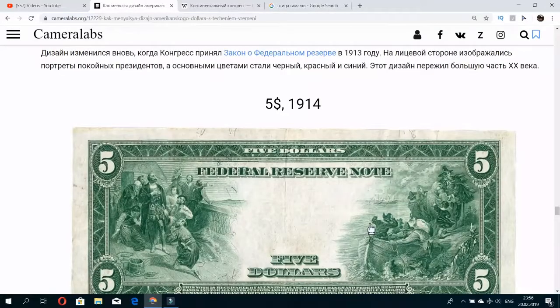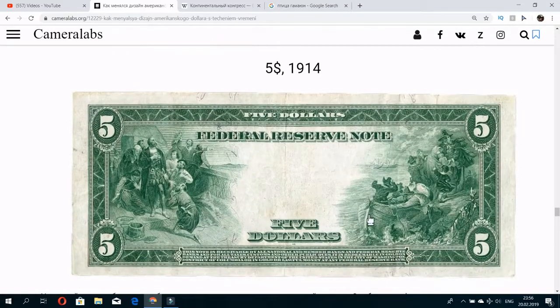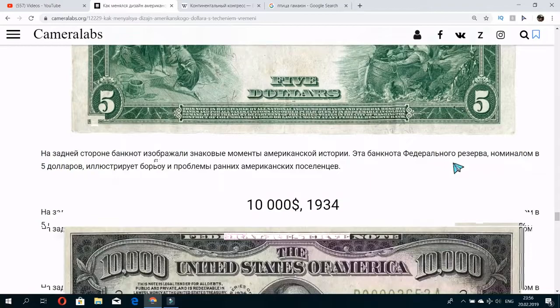So the $5 of 1914, also a Federal Reserve note. So no more antique design, right? We see some type of sailors who don't look antique, they look like medieval clothes and stuff like this. So it's probably 17th century clothes, and they look like pioneers, the first settlers.